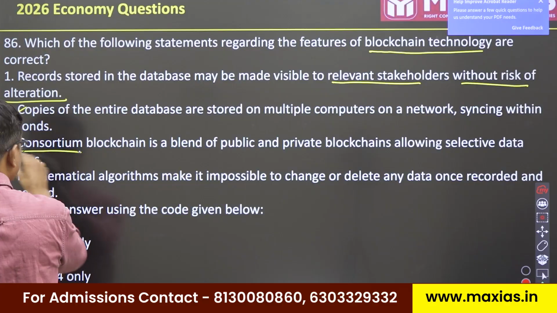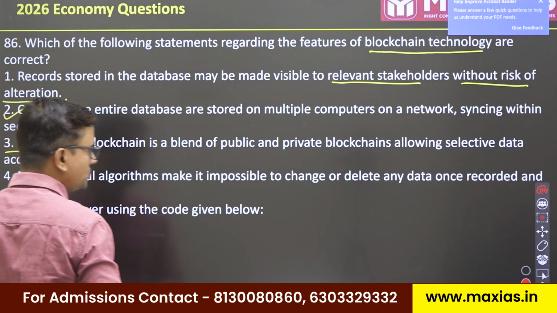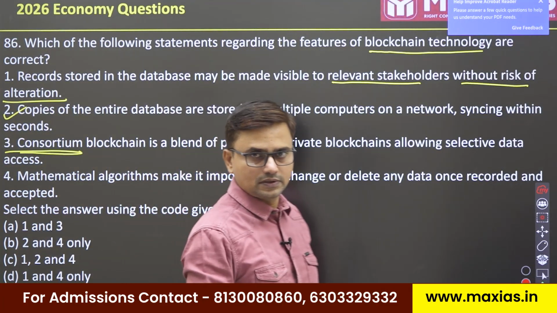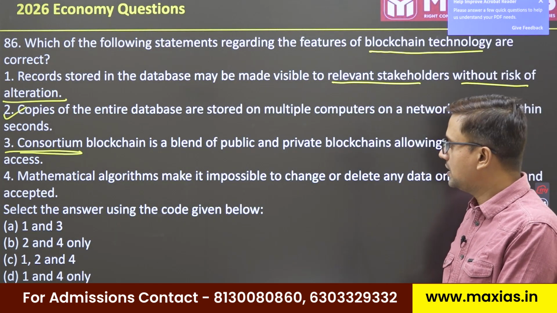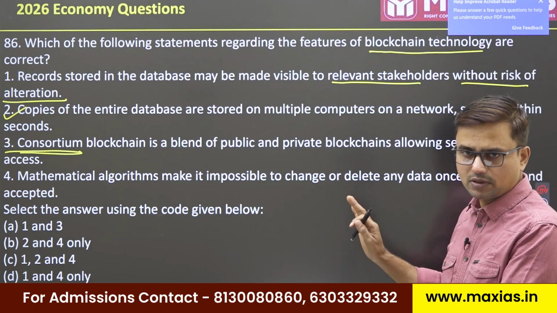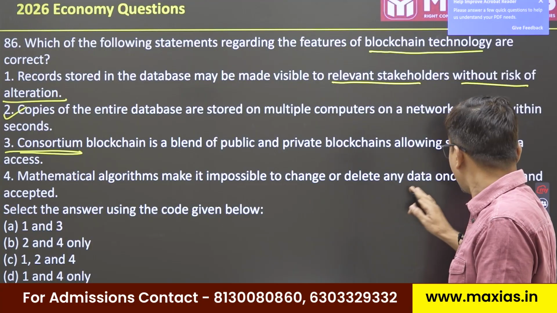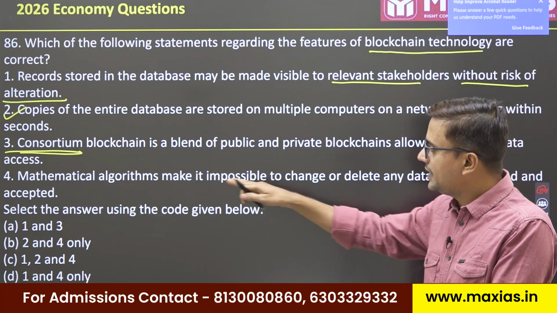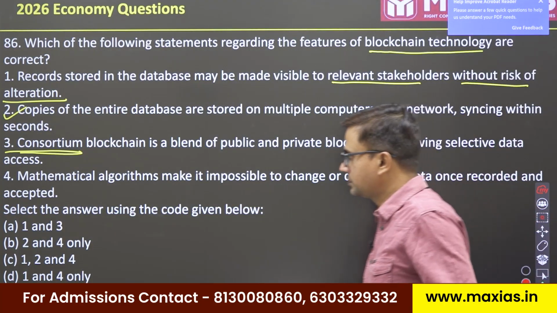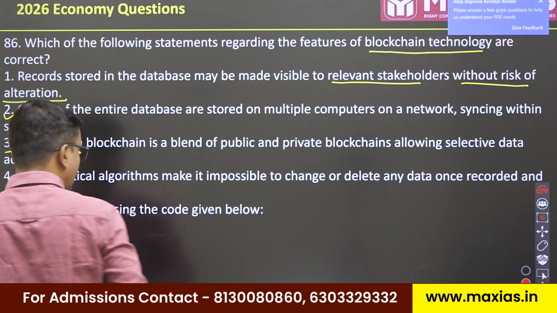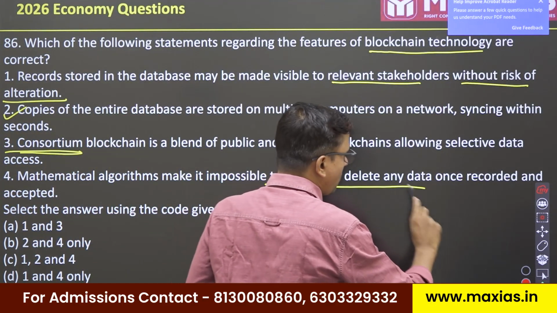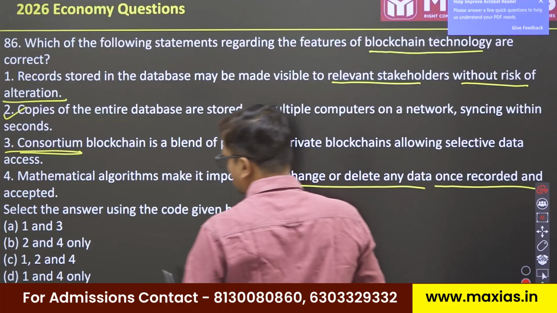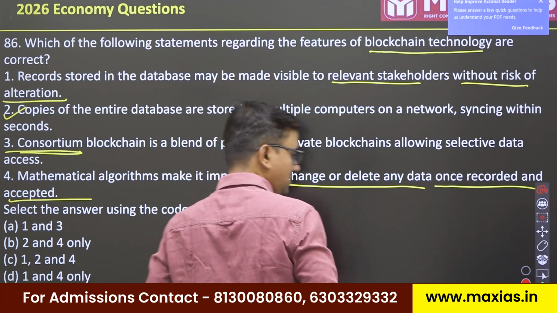Let's go to statement 4 and check whether statement 4 makes any sense. Mathematical algorithms make it impossible to change or delete data once recorded and accepted. Is it a positive sign or a negative sign?